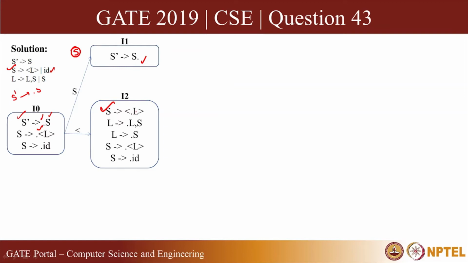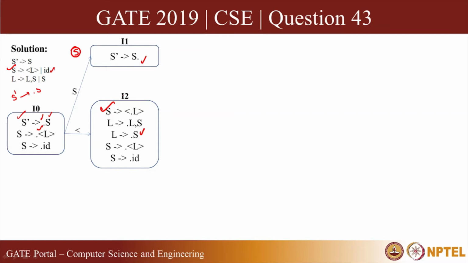As the dot is coming before a non-terminal, whatever production rules there are for that non-terminal, we have to write them. Here we can see L goes to L comma S and L goes to S. So these two production rules we have, with the dot before them. Again, we have a non-terminal with the dot before it, so we need to write those too, but we have not parsed them.